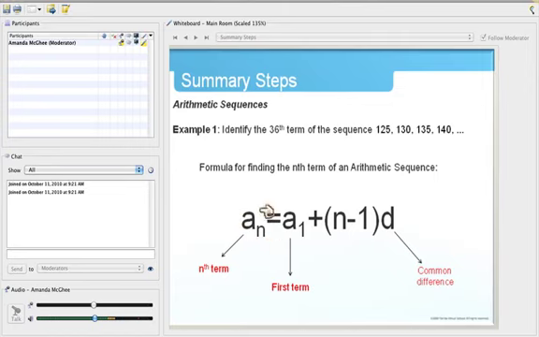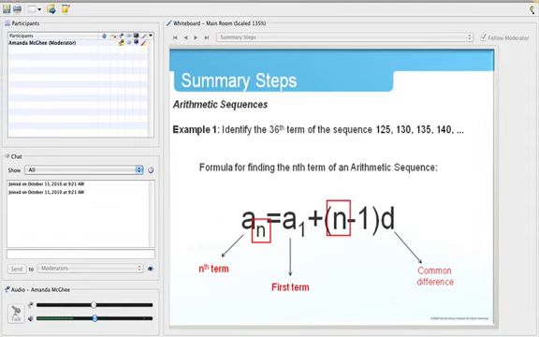Notice that here again we have A sub n, which is the nth term, equals the first term, A1, plus, now we're going to talk about this n minus 1, and then there is D, the common difference that we have talked about. Just notice for a moment that we have an n here, the nth term here, and we have an n here.